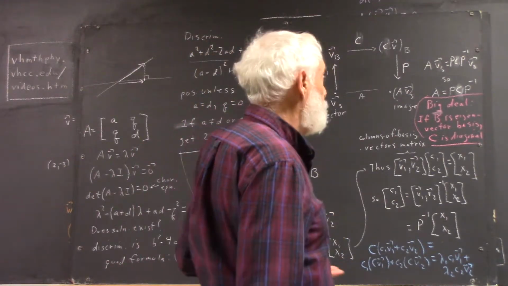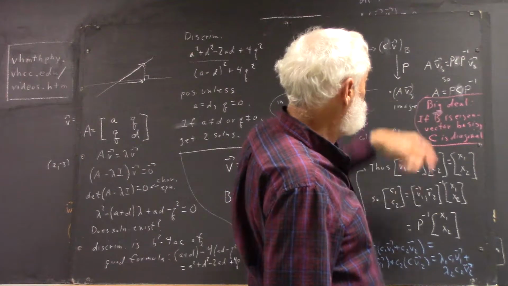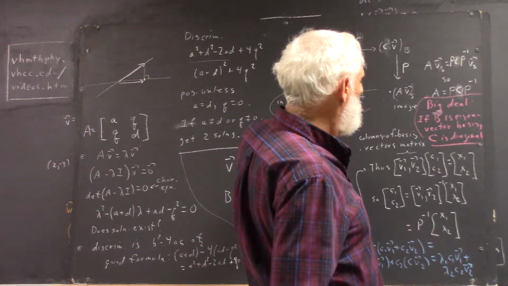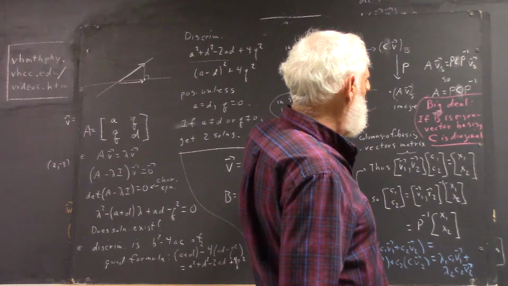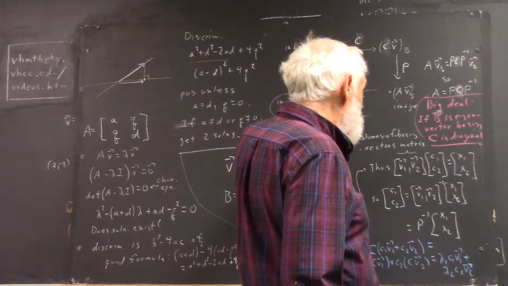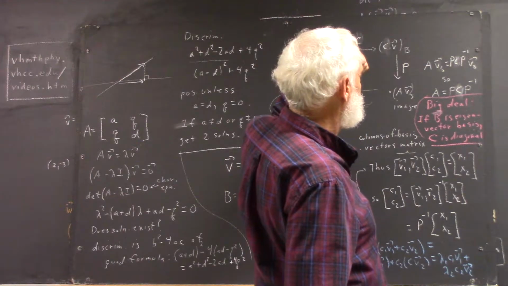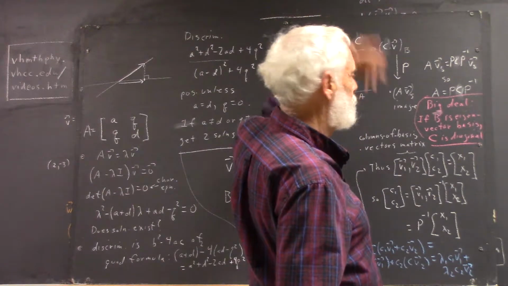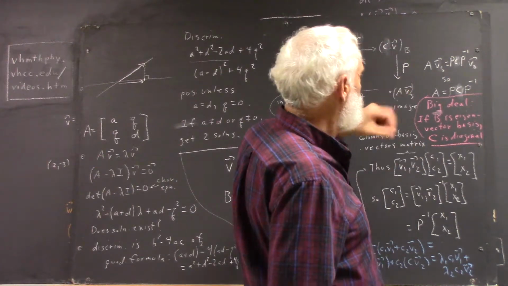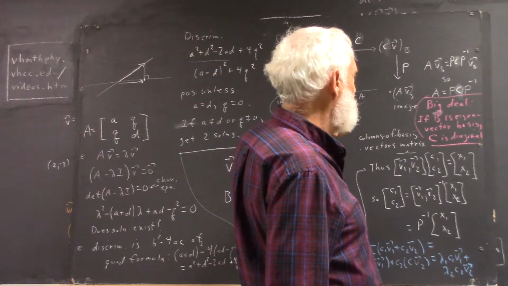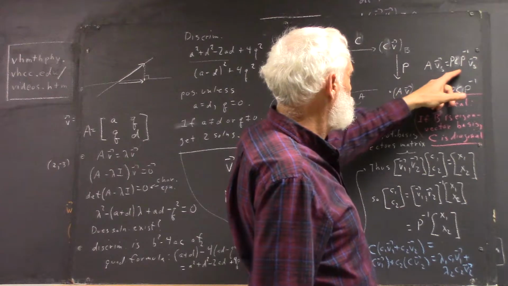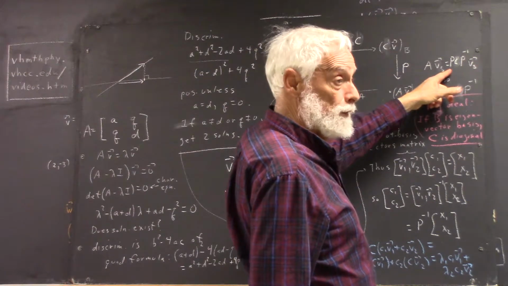Well, we can then multiply both sides of this equation by P inverse, well, okay, a couple of steps. We start by multiplying both sides of this equation by P inverse.